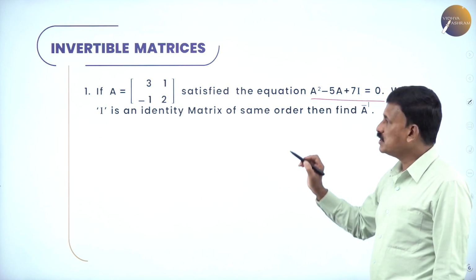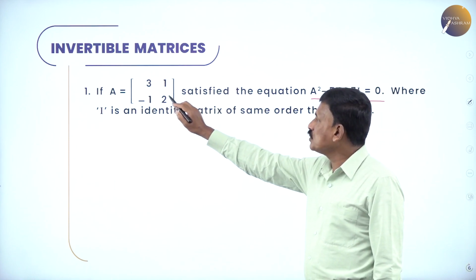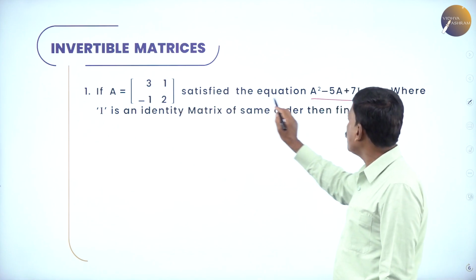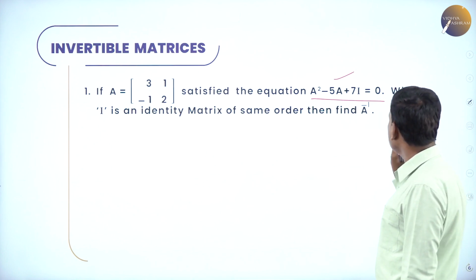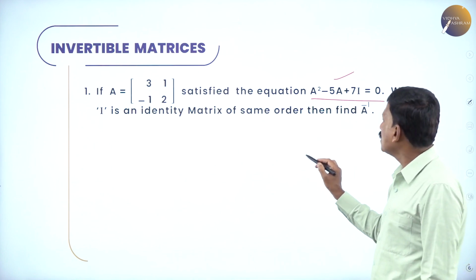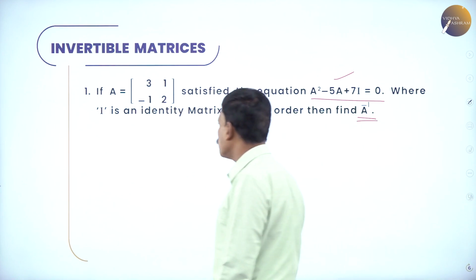That is wrong. Actually, it is given that A satisfies this equation. Already it satisfies this equation, that means the answer is 0. If such is the case, find the inverse. What is required is A inverse to be determined.